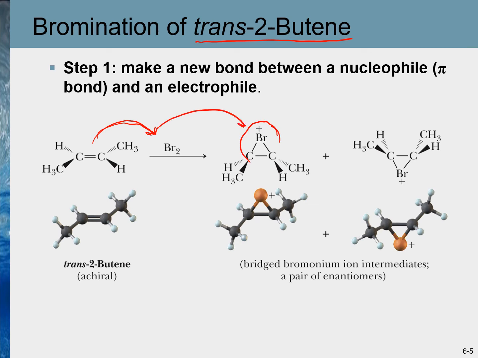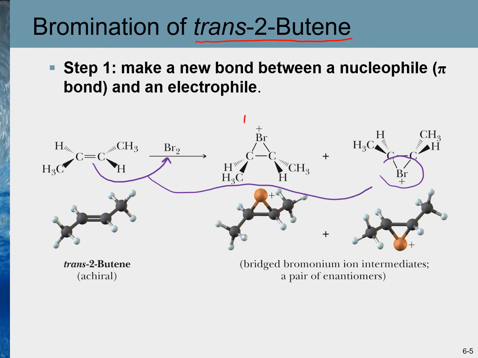So this will be the bromonium ion intermediate. On the other hand, if the initial attack happens from the bottom side, the bromonium intermediate will have a cyclic 3-membered ring structure at the bottom. So this attack will give rise to this intermediate.